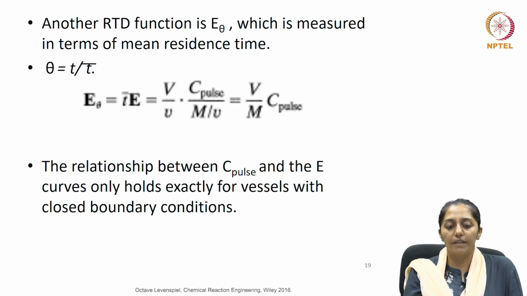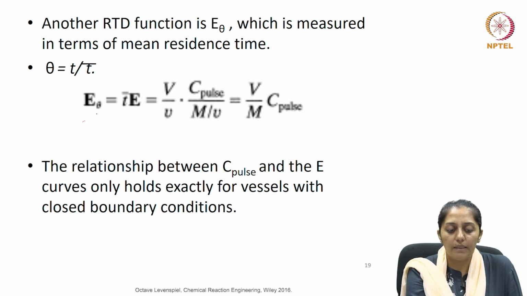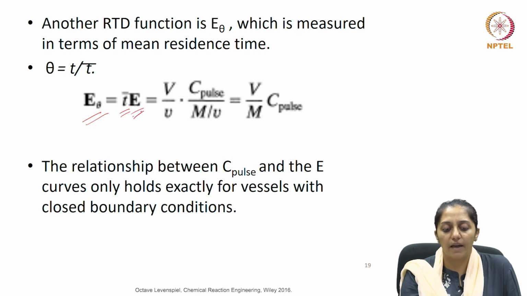Now, another RTD function is called E theta, which is measured in terms of the mean residence time. Here E theta is the mean residence time multiplied by the E values. The residence time is nothing but V by F, which is capital V by small v, and E was given as C pulse by capital M by small v.